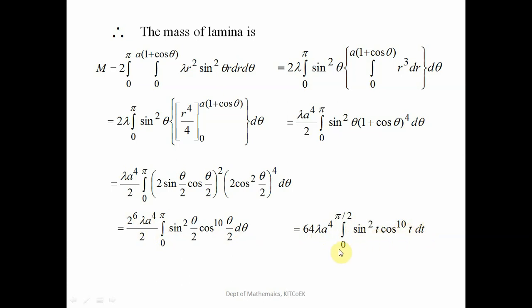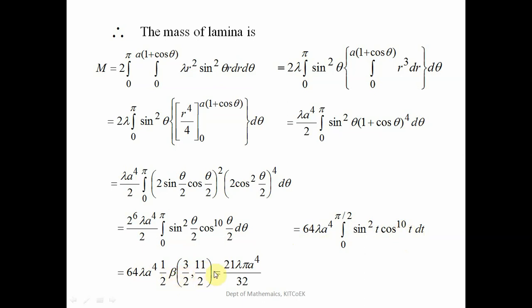And the integral which we are getting here is now in the standard form of the beta function, 0 to pi by 2 sin raised to p cos raised to q. So it can be expressed in terms of the beta function, 64 lambda a raised to 4 constant multiple as it is, and the value of this integral is 1 by 2 beta of p plus 1 by 2, that is 2 plus 1 upon 2, so 3 by 2, q plus 1 by 2, that is 10 plus 1, 11 upon 2.